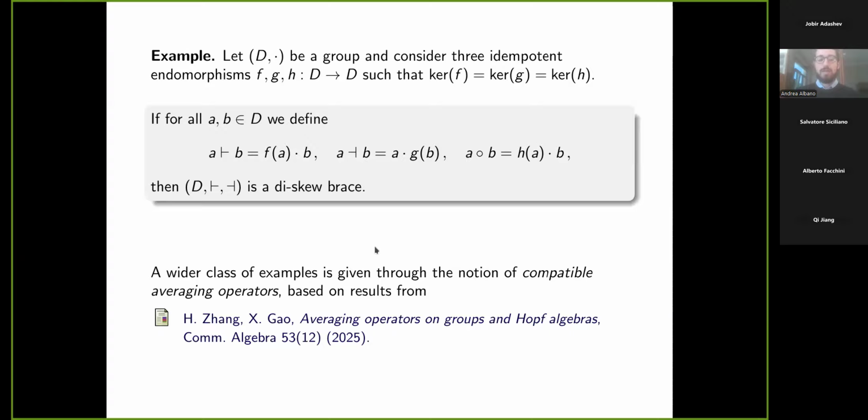It is actually ongoing work to understand better the structure of di-skew braces, and studying its structure better is something that we cannot do now, at least in this talk.